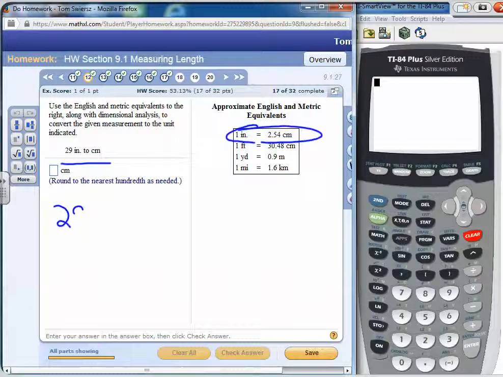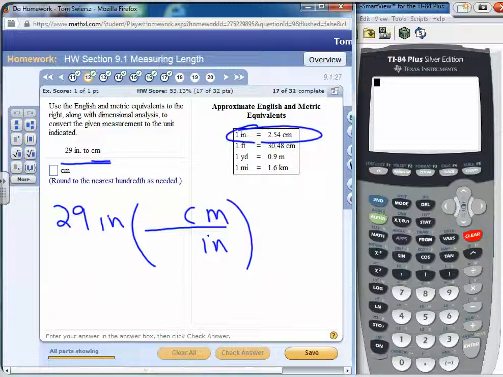So write down what you're given, which is 29 inches. Dimensional analysis: the inches goes in the denominator, and the one we want to convert to, centimeters, goes in the numerator.